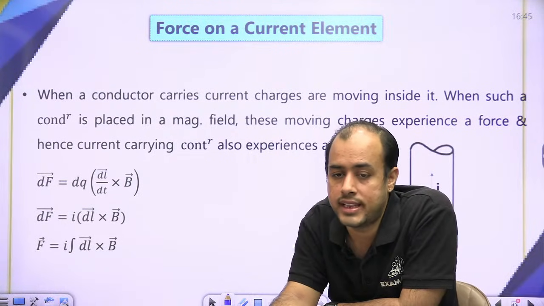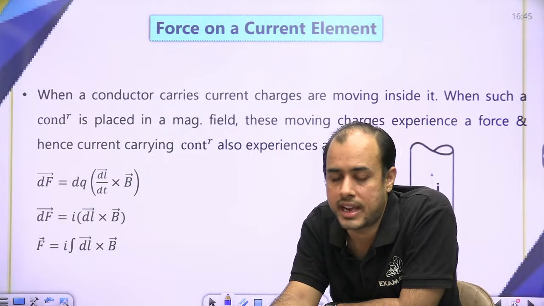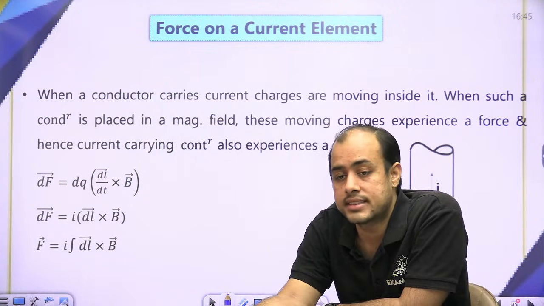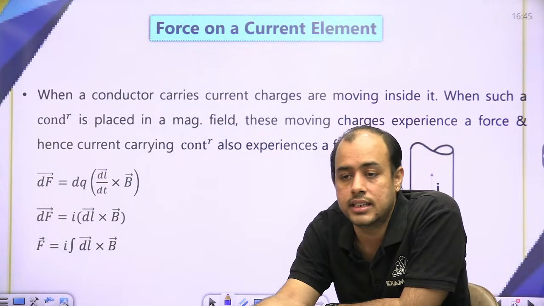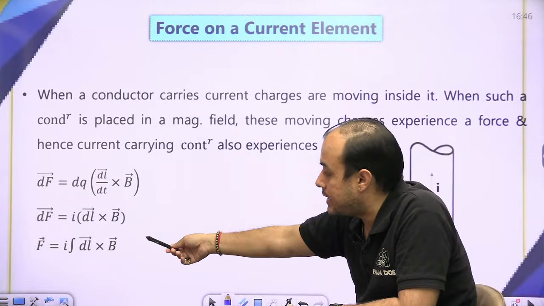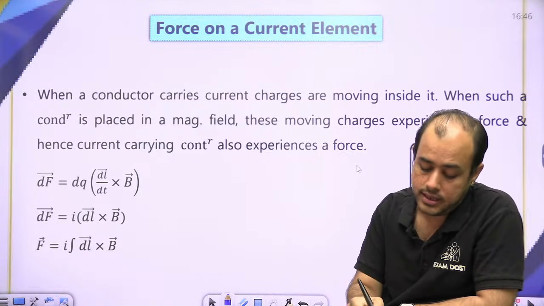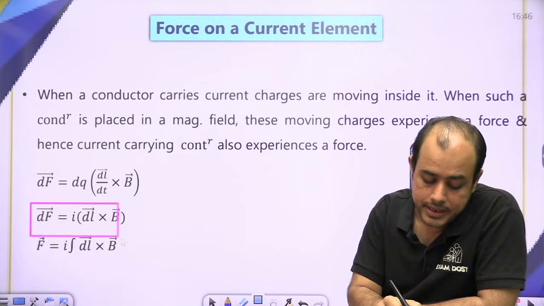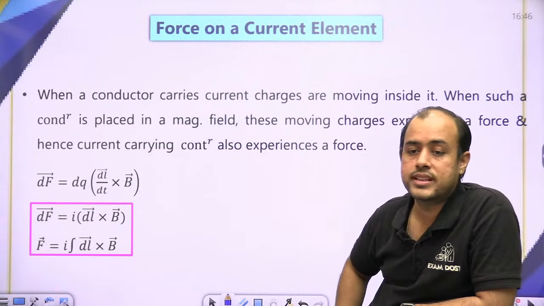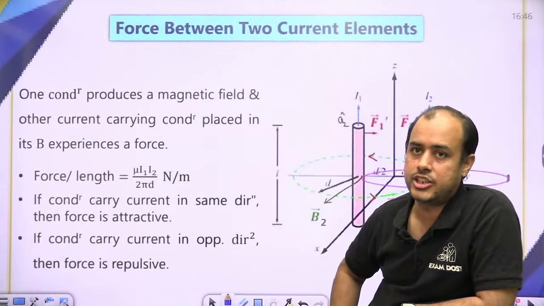Just like a moving charge experiences a force inside a magnetic field, a conductor carrying a current also experiences a force because the charges are moving inside it. The force on a current element is I dL cross B, where I dL is the current element and B is the flux density. If you want the total force, you take the line integration.